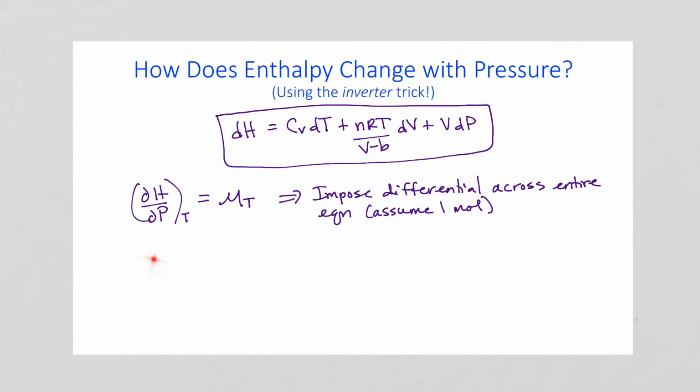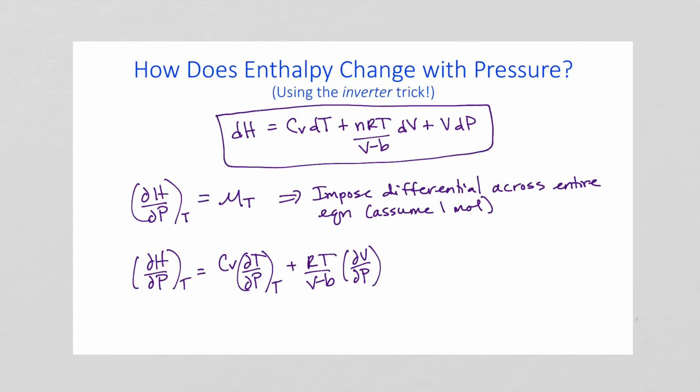So then we end up with dH/dP at constant T equals CV dT/dP at constant T plus RT over V minus B times dV/dP at constant T. Hopefully you're getting the pattern here. And then we have dP/dP at constant T.